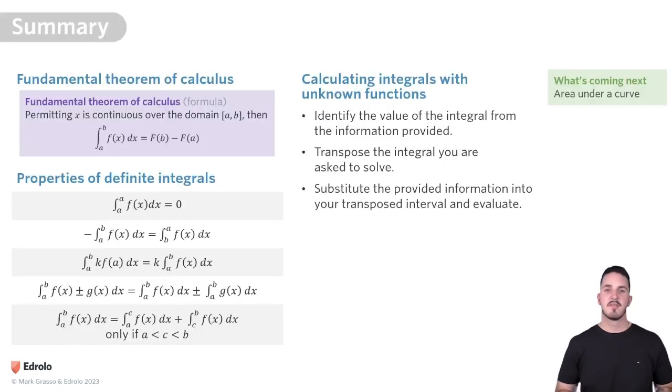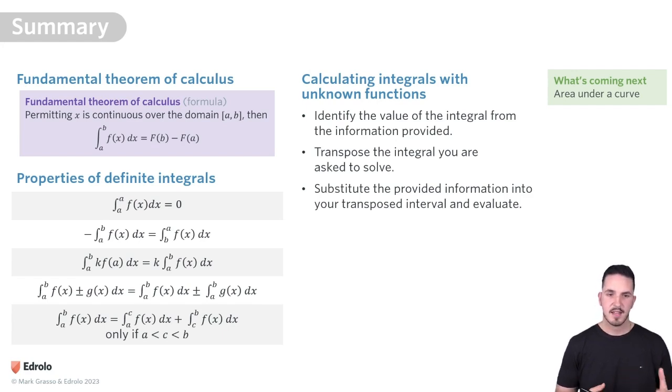So to summarize, the fundamental theorem of calculus: you first integrate, then substitute in your upper boundary, subtracting the lower boundary. You need to remember and apply your properties of definite integrals. Whenever you have the same boundary, the integral from a to a of f of x dx is equal to 0. Remember the negative of the integral from a to b of f of x dx is the same as swapping the boundaries from b to a and becoming positive.